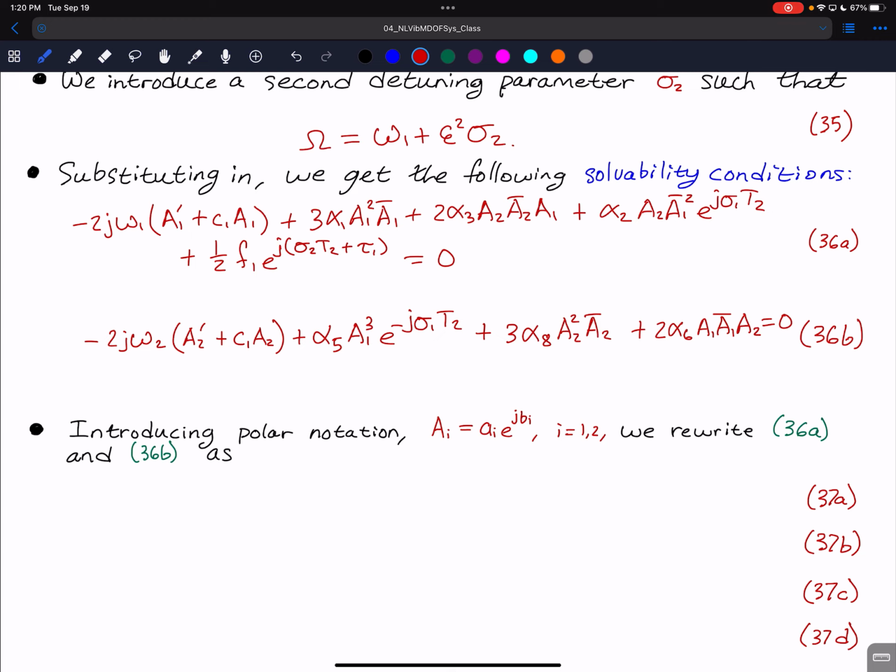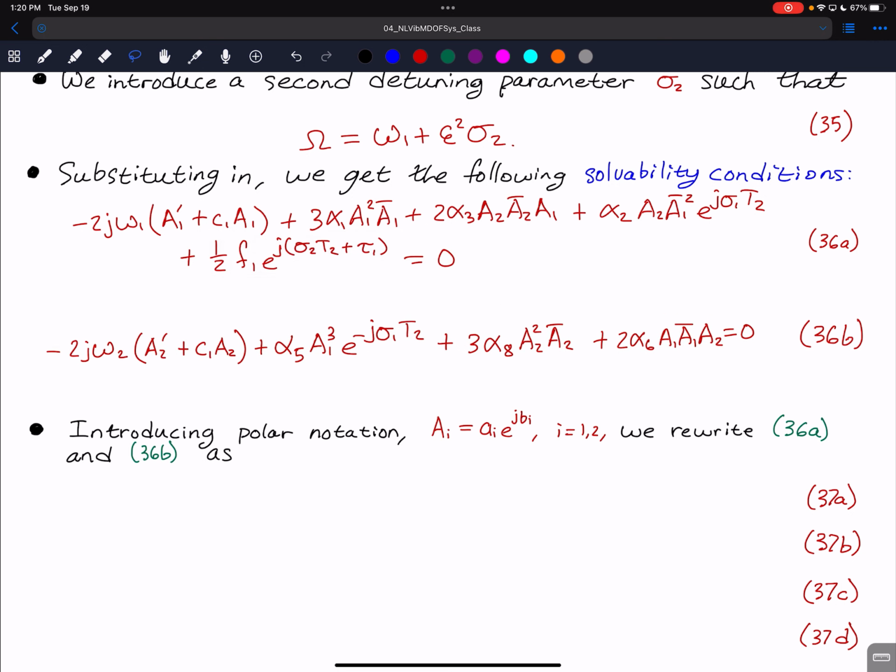There's no forcing in the second equation because we are forcing at omega 1. And that second equation should be C2 A2? Yeah, it should be C2.